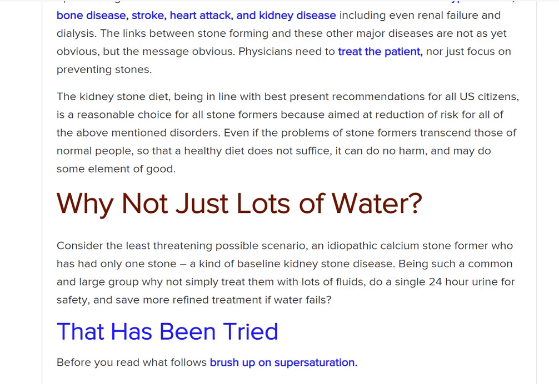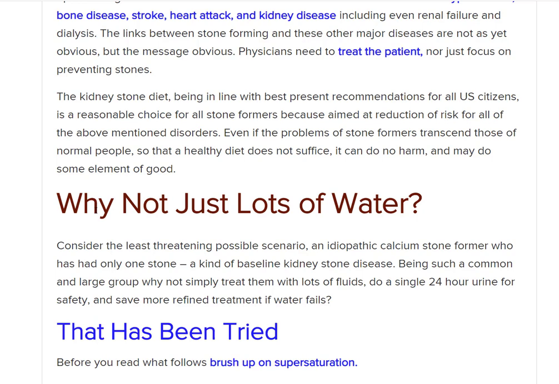I resent it, and I consider it a very poor quality of practice. I'll come back to that in just a second, but before I close out and enter into tirade, stone disease is part of a general pattern of disease. The ideal diet for kidney stones is the ideal diet for everybody.